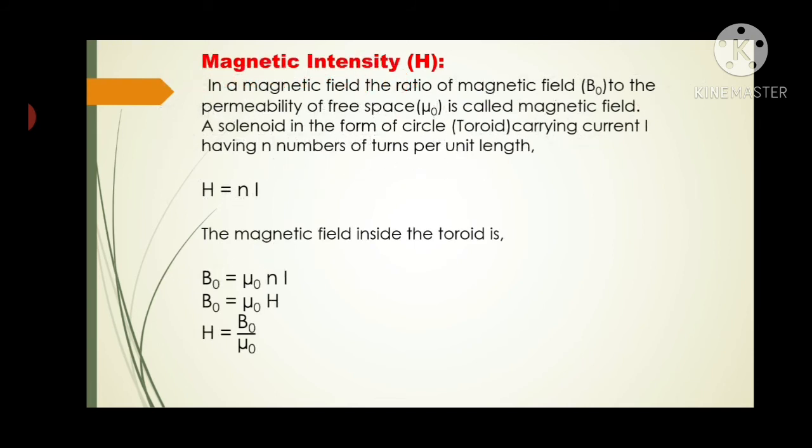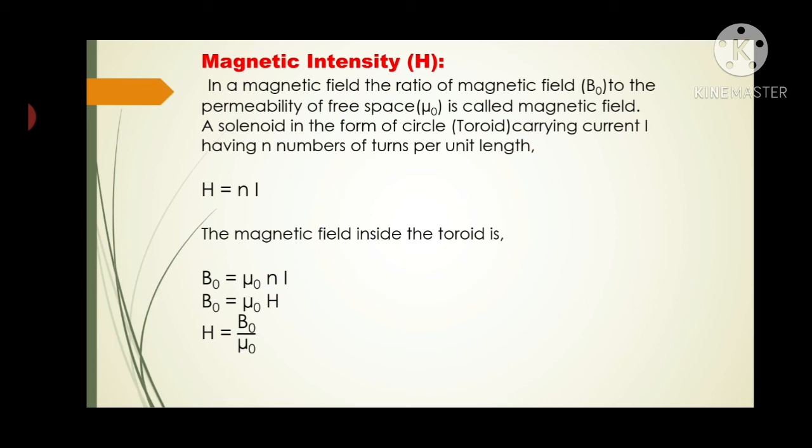Magnetic intensity. Magnetic intensity is the strength of the magnetism or strength of the magnetic field. In a magnetic field, the ratio of magnetic field to the permeability of free space, denoted by mu naught, is called the magnetic intensity.